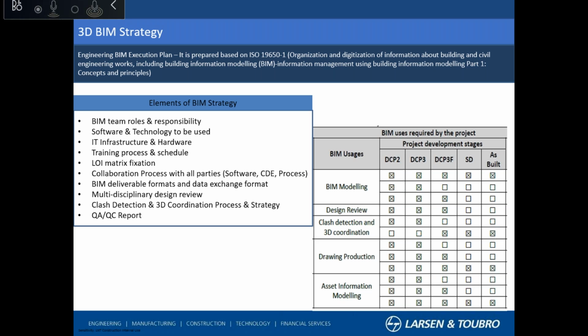DCP2 is a very basic engineering phase, then my detail engineering phase, then my final submission DCP3F phase, where my design is completed, then my construction phase, and the as-built phase, where we will be handing over the data or documents to clients. That entire process is predefined in this document. So anybody can use this document and implement the process in the same way.